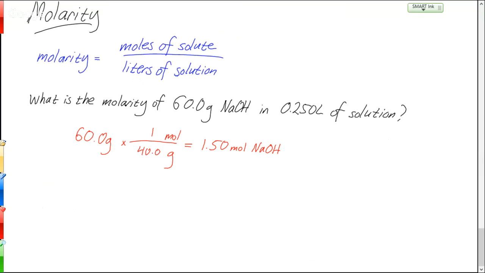So we've got 1.5 moles of sodium hydroxide. Now we have moles of solute.